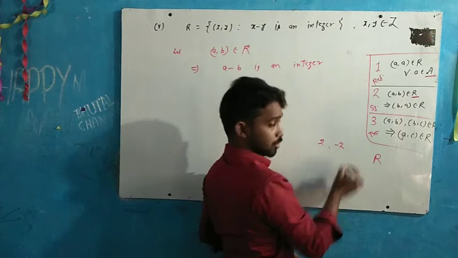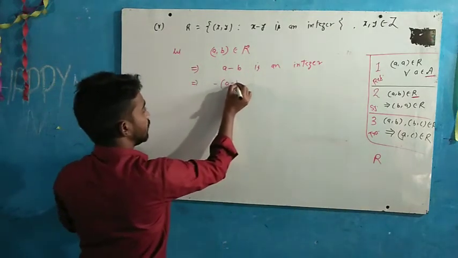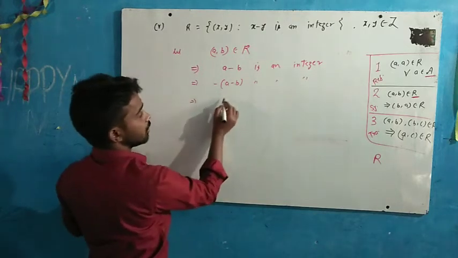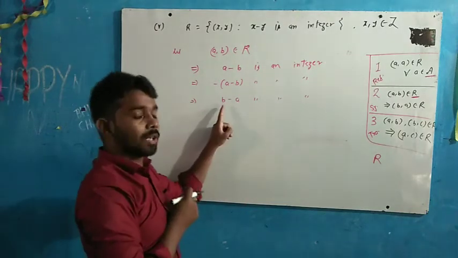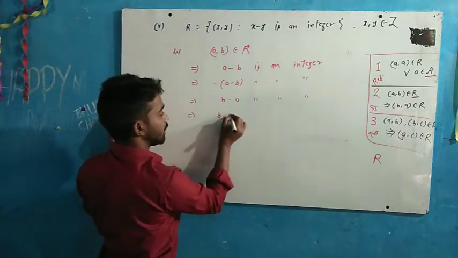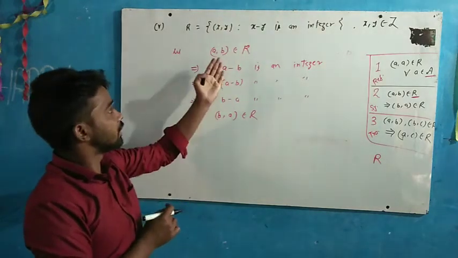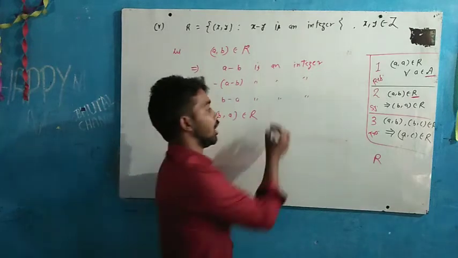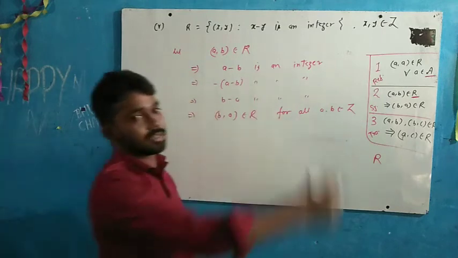So applying this concept, we can say the negative of this number, minus of (a minus b), is an integer, and after breaking the bracket, what do we get? b minus a is an integer. Now first number minus second number is an integer, so this implies that (b, a) must be in R according to the definition. So here we have seen that (a, b) belongs to R implies that (b, a) also belongs to R for all a, b belonging to Z. Hence it is symmetric.